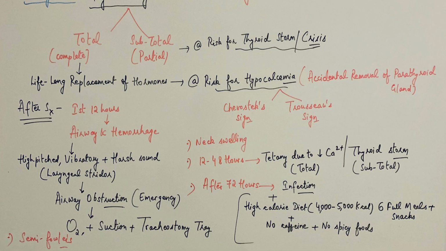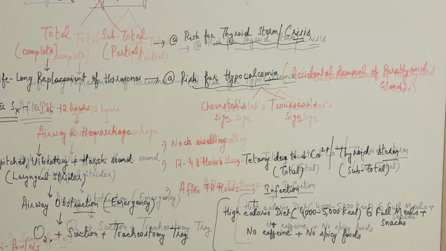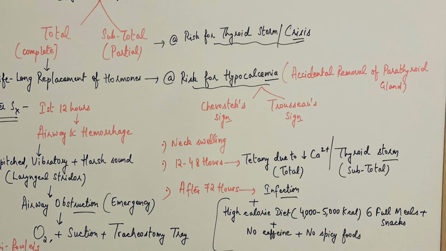These can happen in 12 to 48 hours. After 72 hours, we have to check for the signs and symptoms of infection like fever, not before 72 hours. That's the main basic symptom.